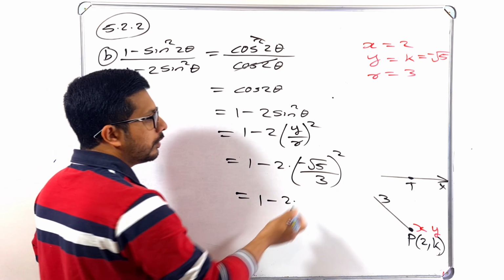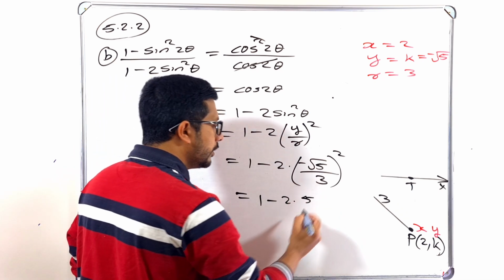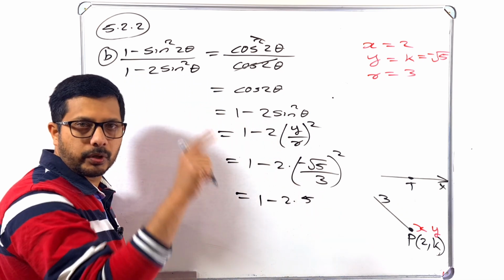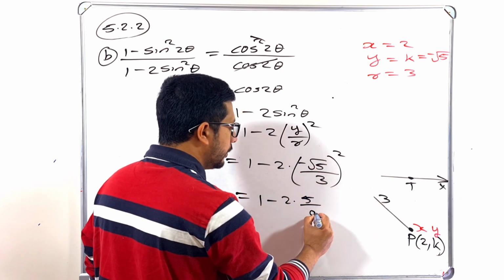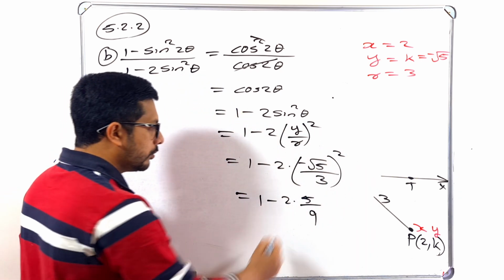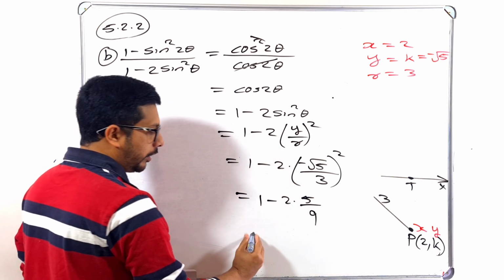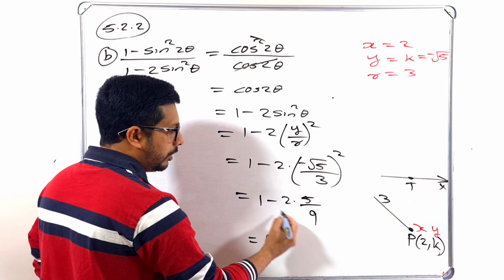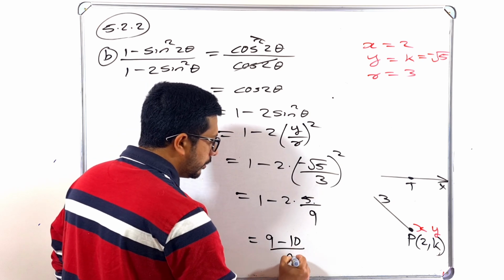Root 5 square is 5, you can check in your calculator, divided by 3 square is 9. Now you have to simplify. 9 times 1 is 9, minus 2 into 5 is 10, over 9.